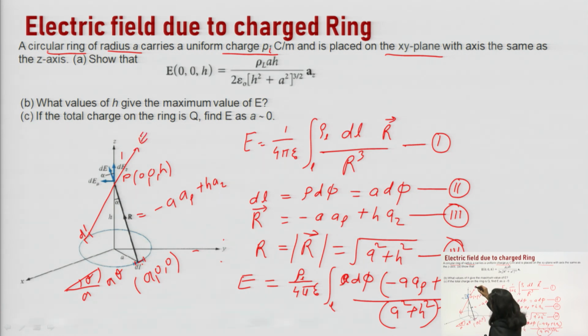Now as we know that electric field is a vector quantity, so we need to find the total electric field by summing up all the components. If we resolve it into two components, vertical as well as horizontal, we can see that each horizontal component will cancel out. So we will finally be left with only the vertical component. So this a rho term will vanish.